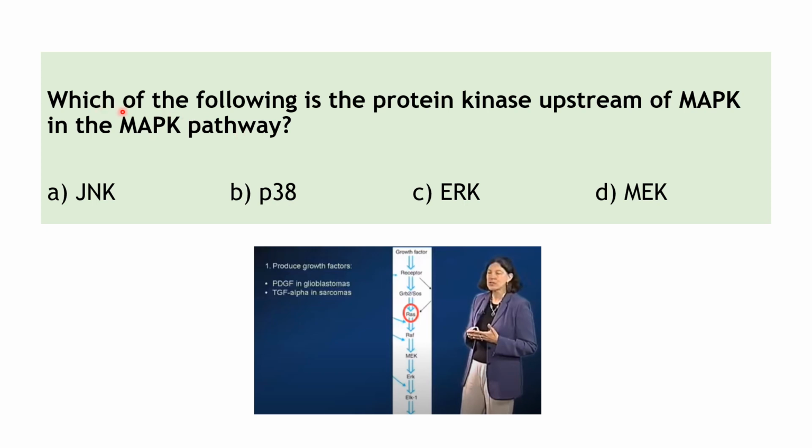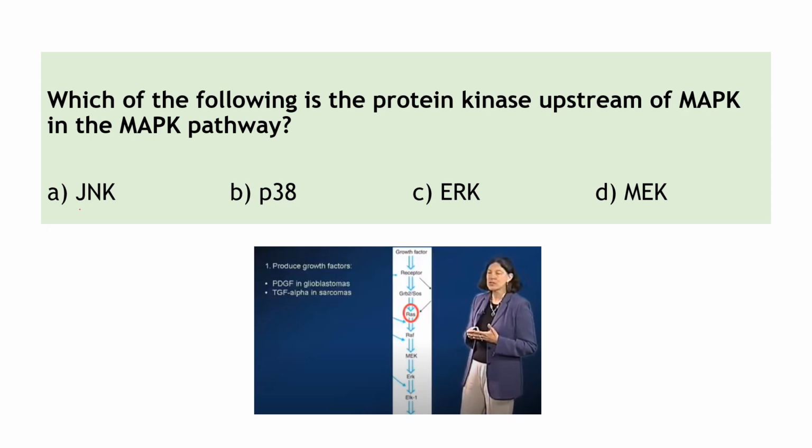So let's read it together. Which of the following is the protein kinase upstream in the MAP kinase pathway? Here you have these four options. You can stop the video right now, and if you want, here you will find the answer. So stop the video, think 2 seconds, and then I will give you the answer.